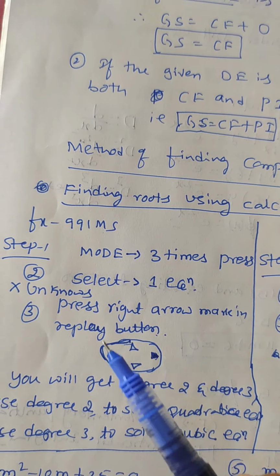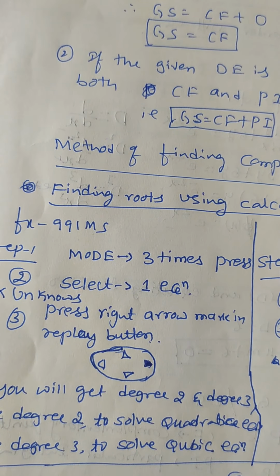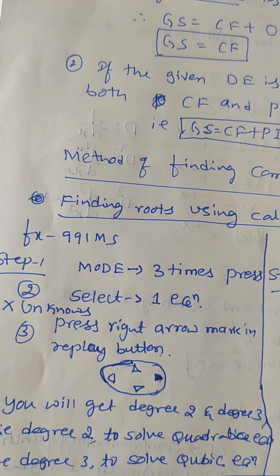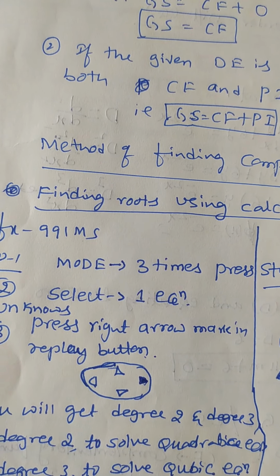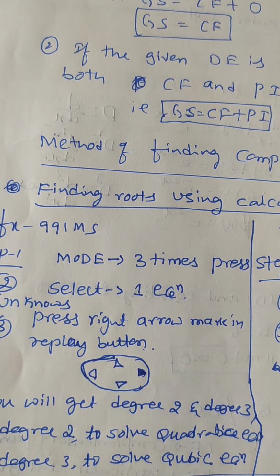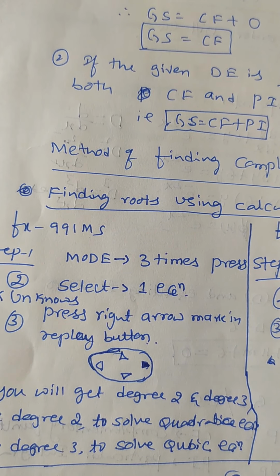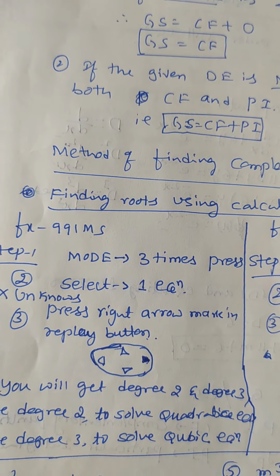Select equation, that is number 1, equation. After that, you will get unknowns. You will get 2 unknowns or 3 unknowns. But here we have only one unknown, m. Not 2 or more. Okay.